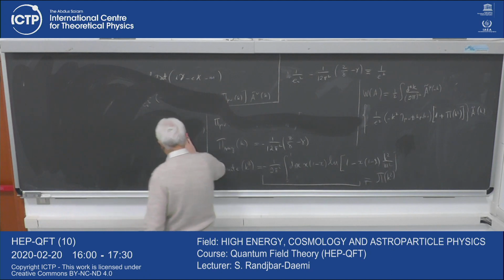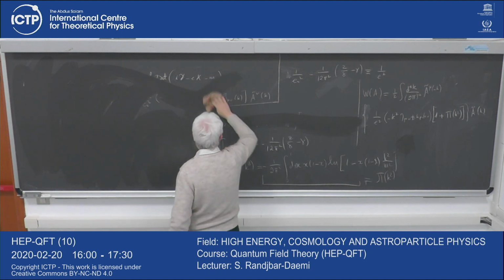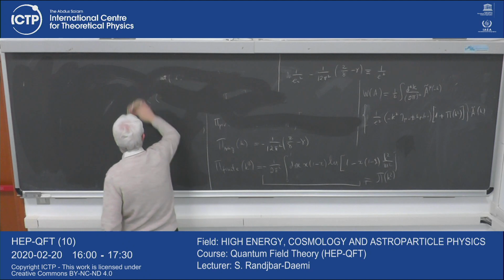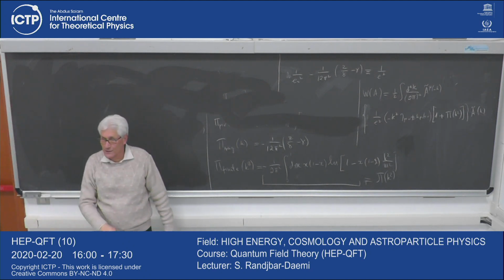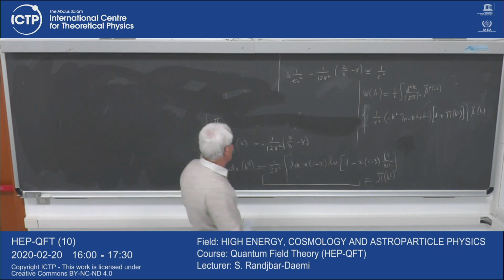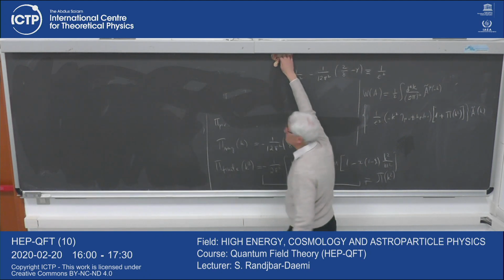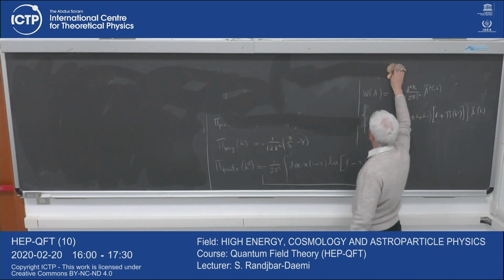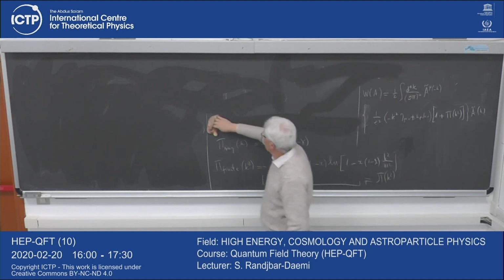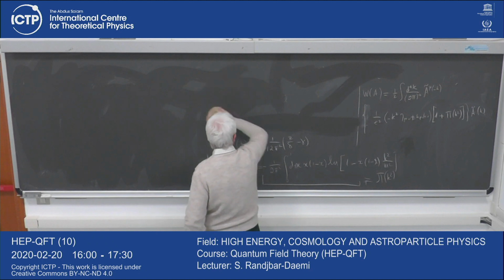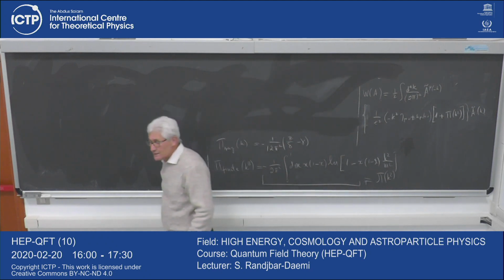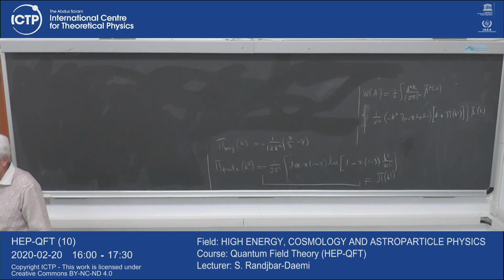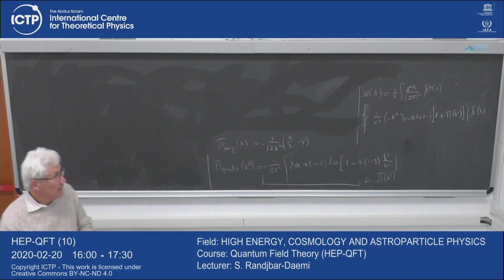W is a functional of the classical Maxwell field A. You will do with W whatever you do with the classical action. If you have a classical action, you derive equations of motion and solve them. Therefore, we are going to study the one quantum loop corrected Maxwell's equations and look at their solutions. Okay? The physics comes from there.